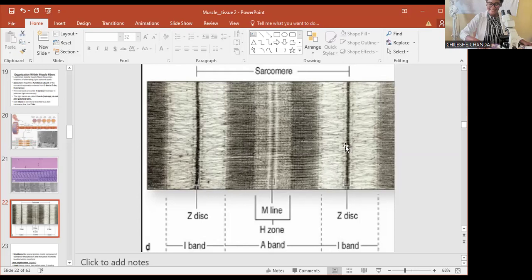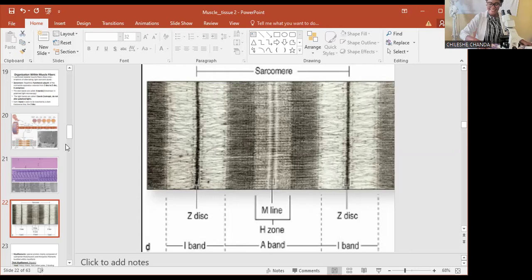And on this side too, we have actin, those thin filaments, which go from this dark area to this Z disc. So from this Z disc to this Z disc, this is what is called the sarcomere. These are the contractile units. Another sarcomere will start from here to another Z line, just like that, until the end of this muscle fiber.